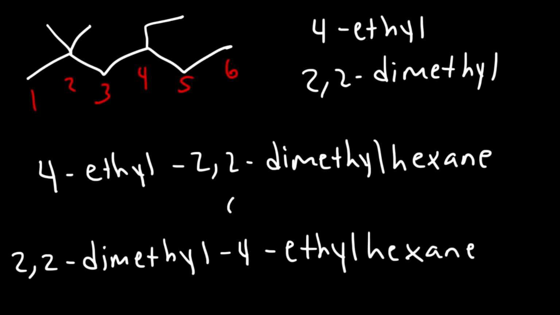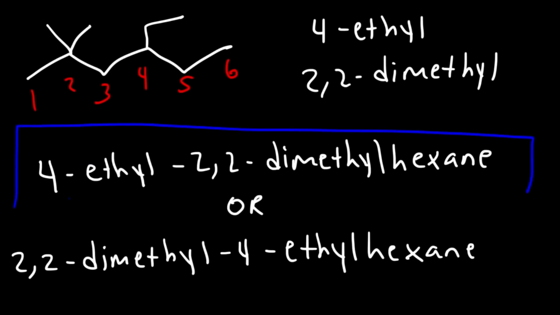Which is the right way to name it? Now looking at this second example, the numbers appear to be in ascending order, so that seems like a good sign. And also, D comes before E, so that looks like the second answer should be the right answer. But it turns out that it's not, and this is the right answer.